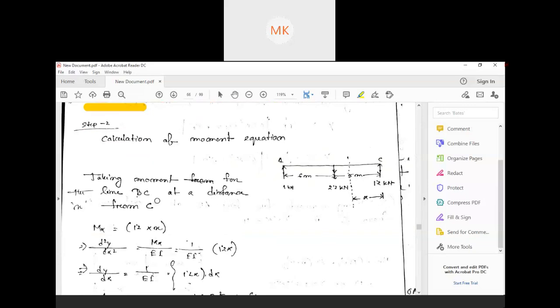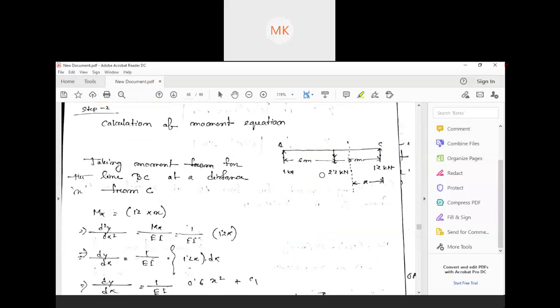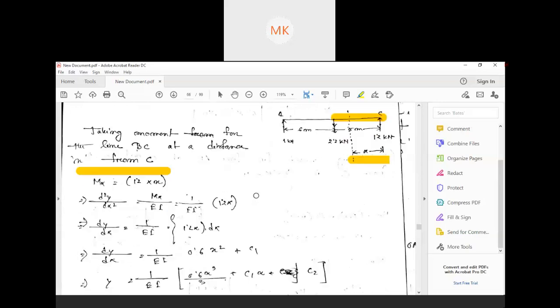For this, we need to consider a distance x. x is the distance, at any distance from C. So taking moment for the line BC, this line BC at a distance x from C. I think all of you know how to take the moment.